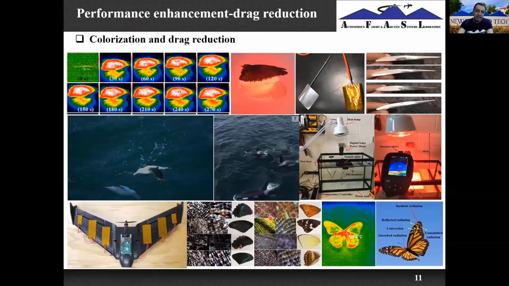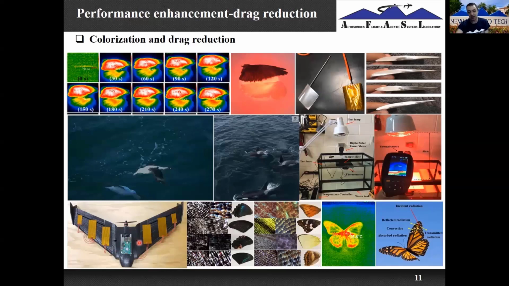What application and what idea can we get from these colors, and how can we implement this from nature? Let's say you have an aircraft like this, and you apply heat films with a 0.5 millimeter thickness at the top of the wings. What would happen if you increase the temperature of the top side?